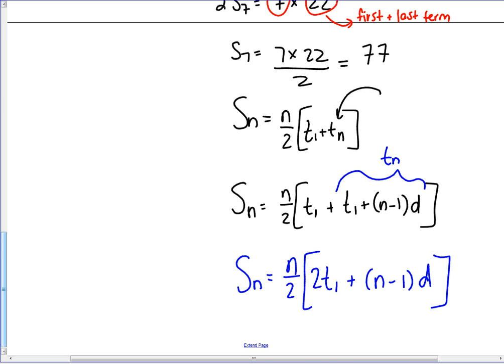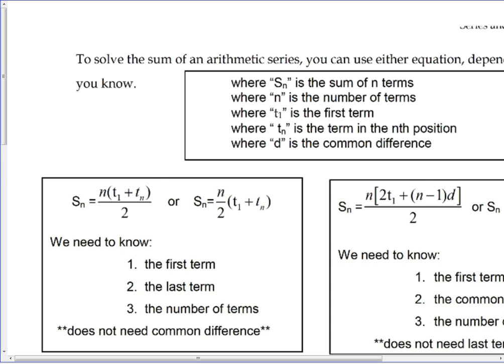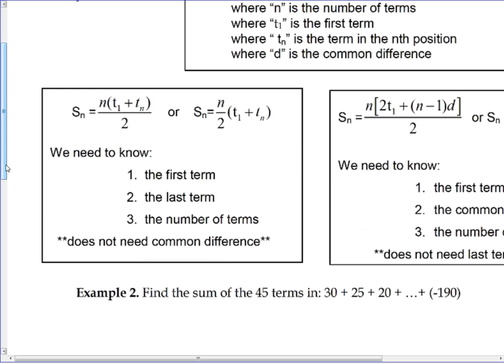Look at the next page. Pretty cool? So this is everything we just talked about. So we can go straight to our question. Here's some notes there. What everything stands for, right?